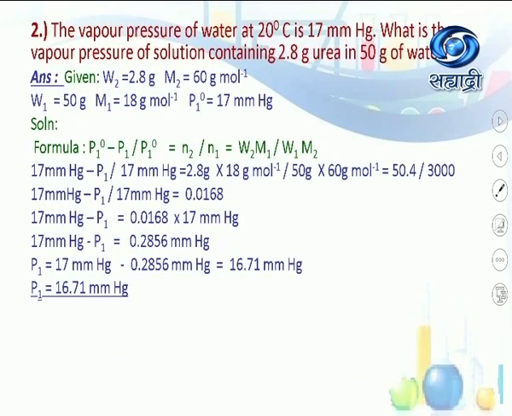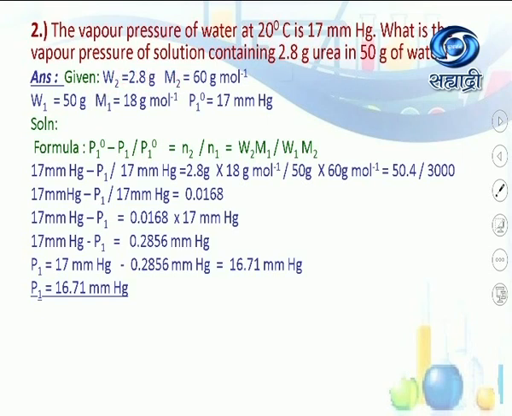Now the next problem: the vapor pressure of water at 20 degrees Celsius is 17 mmHg. What is the vapor pressure of a solution containing 2.8 gram urea in 50 gram of water? So what is given? Mass of solute, urea, is given. How much is it? 2.8 gram.